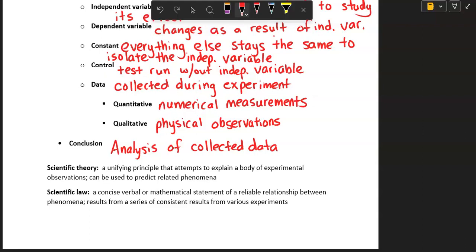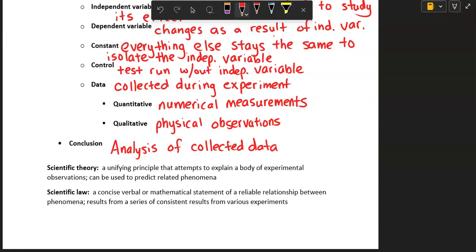Okay? So, when you have that, then you can get to what we call the scientific theories and the scientific laws. Now, scientific theory is a tricky terminology here because we say it's just a theory a lot of times. A scientific theory, if you look at this definition, is a unifying principle that attempts to explain a body of experimental observations.